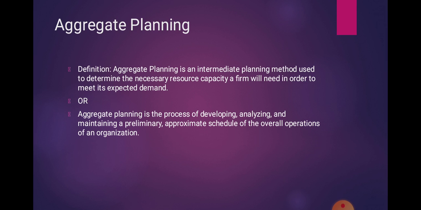Then analyze your whole plan while we are establishing it in actual. Then maintain that accuracy. Then an approximate schedule for all operations in the organization for the production of that product is to be scheduled. These are the four very important components included in aggregate planning.